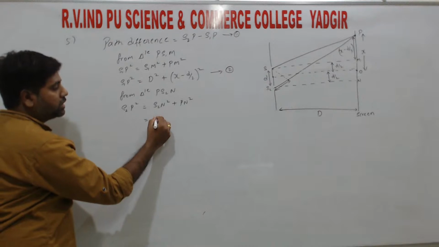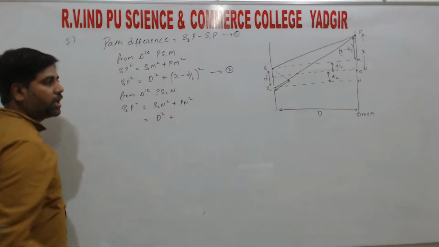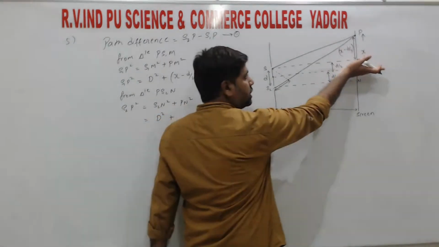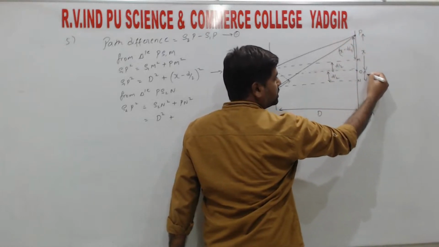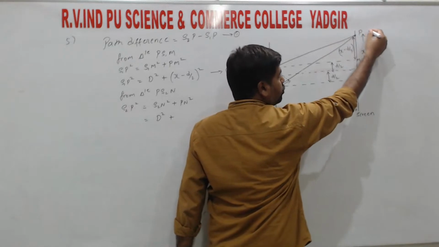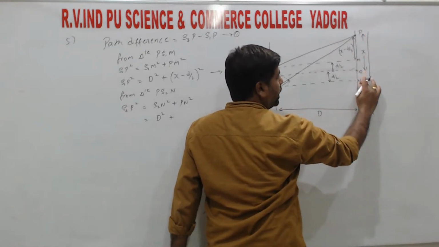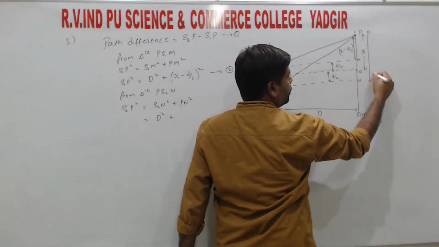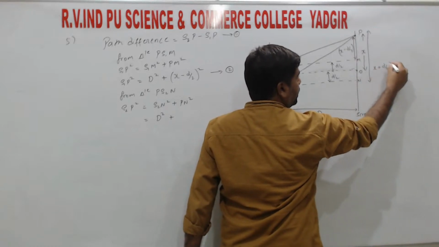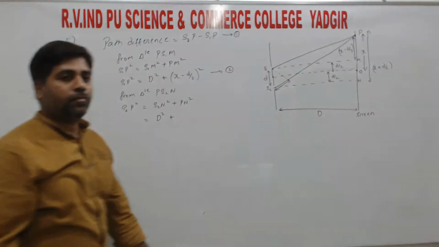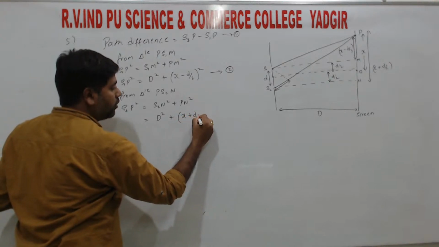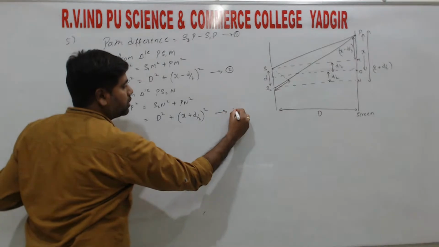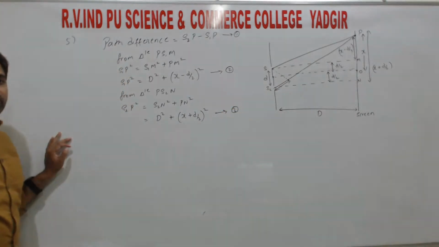S2N is the distance d, so d square plus, from the center to point P is x, and extra d by 2 gets added here. So the total distance from P to N is x plus d by 2. So that is x plus d by 2 whole square, calling this the third equation, right?